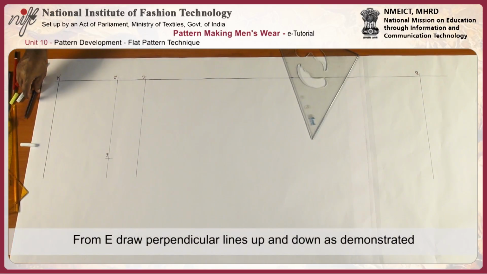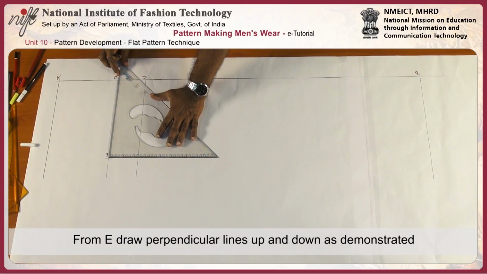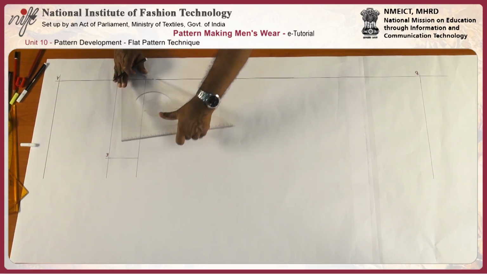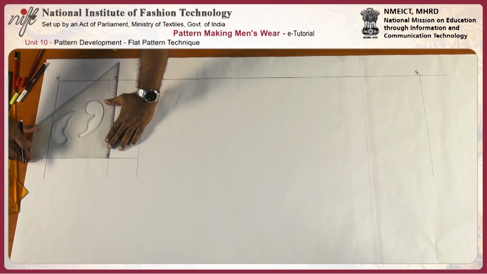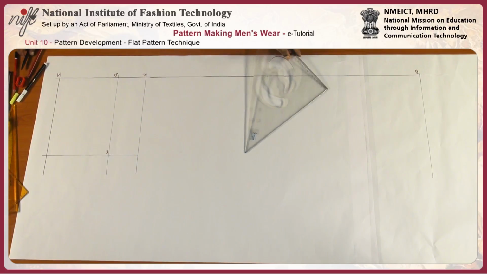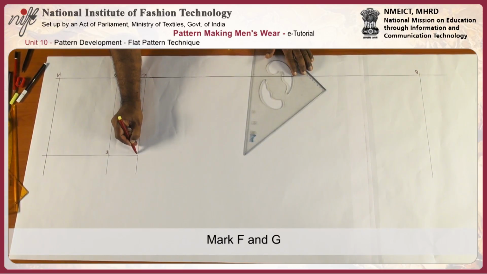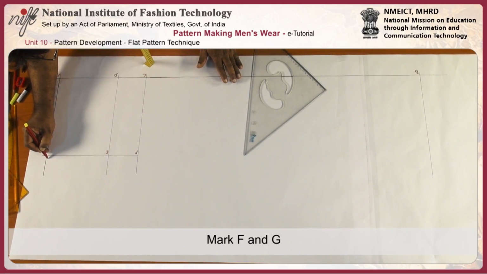From E, draw a perpendicular line upward and downward as demonstrated. This intersection will be point F and this will be G.